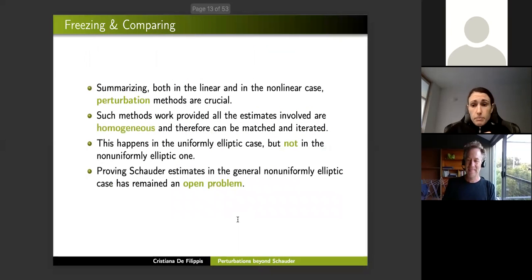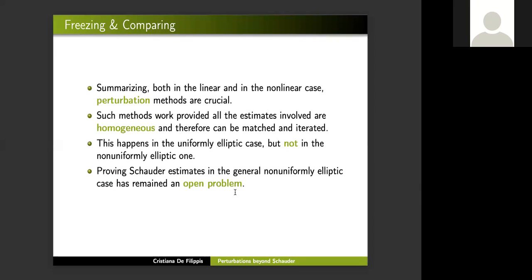Now, let me summarize what we got so far. First of all, if you want to prove Schauder estimates in the uniformly elliptic setting, you have to rely essentially on two ingredients: homogeneous comparison estimates, okay? You quantify the distance between your original solution and the solution of the corresponding frozen problem. The frozen problem has homogeneous reference estimates.